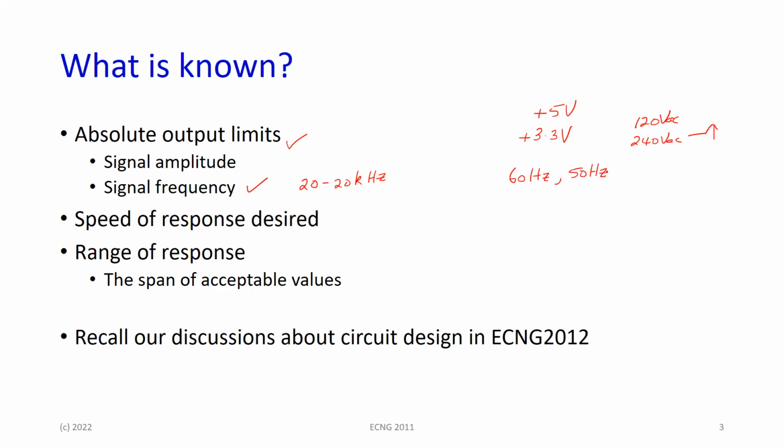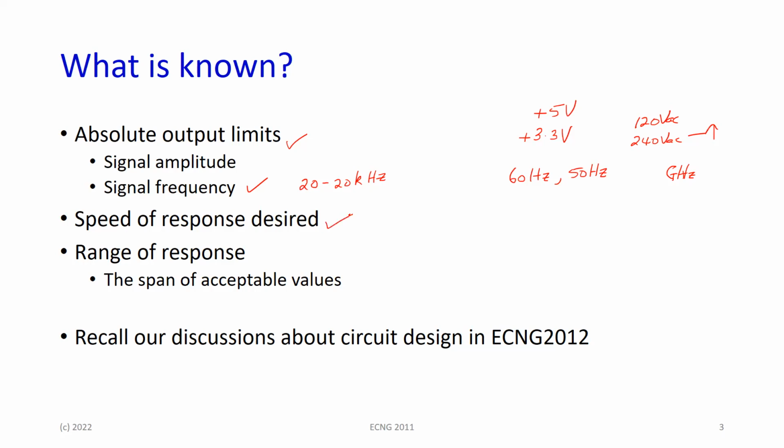If you're into the communication field, you're going to be up into the high gigahertz range. And so you go on. So you know a number of things: the absolute output limits.